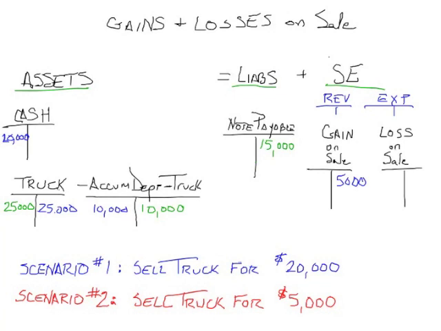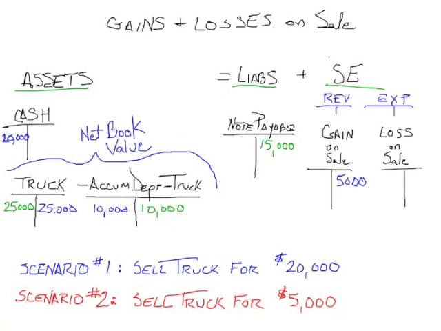Now let me show you how you could have determined that without going through all that. All sales are compared to net book value. The net book value of this asset is the truck account minus its accumulated depreciation.